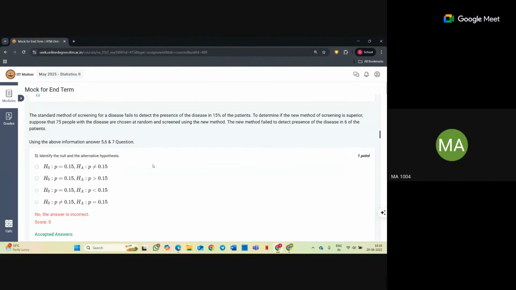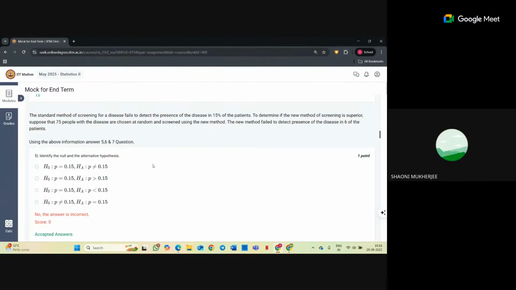What is the null hypothesis here? H naught is P equals 0.15. And the alternative? P less than 0.15, because it fails, that's why we have to take less than.